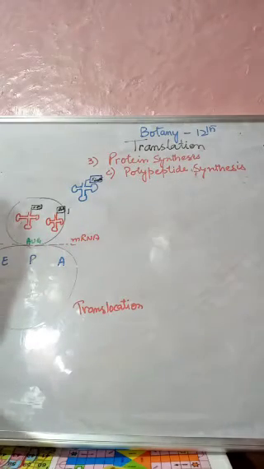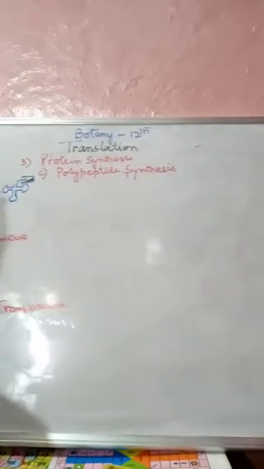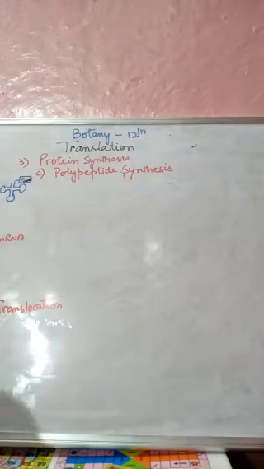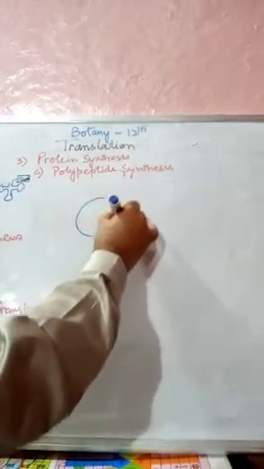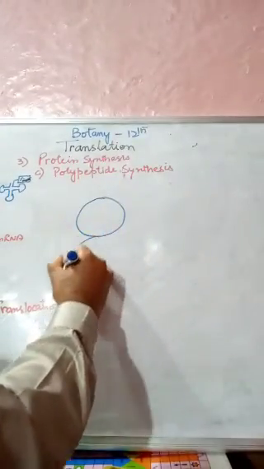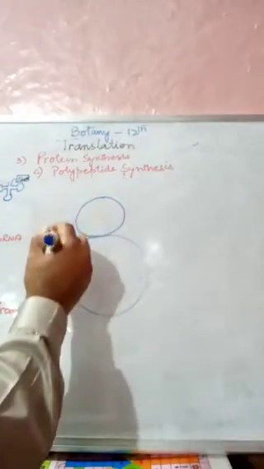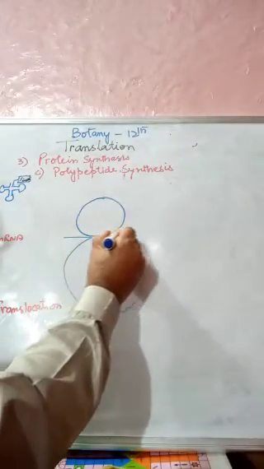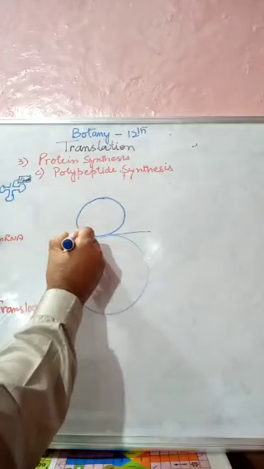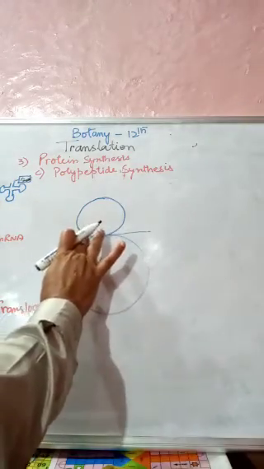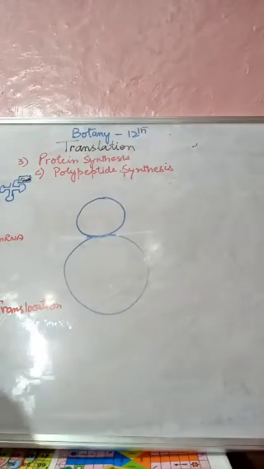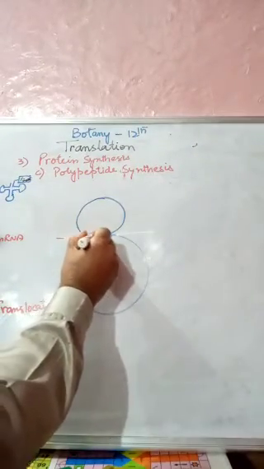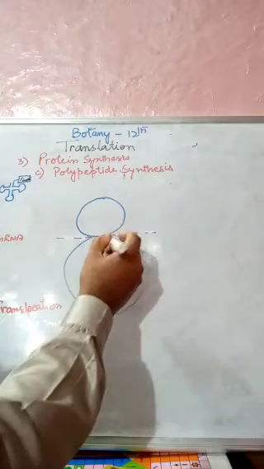So what will the diagram be? We will draw another diagram. This is the smaller subunit, and this is the bigger subunit. Now this is the mRNA, like this. What are the codes?